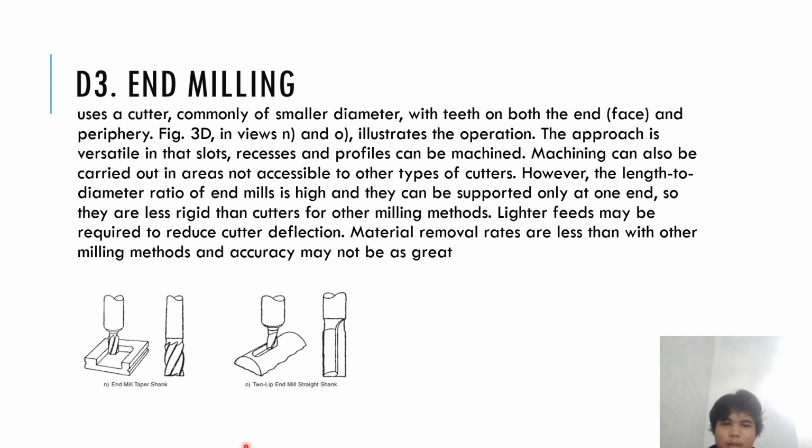Machining can also be carried out in areas not accessible to other types of cutters. However, the length to diameter ratio of end mills is high, and they can be supported only at the end. I mean, only at one end, so it depends on the machine. However, they are less rigid than cutters for other milling methods.